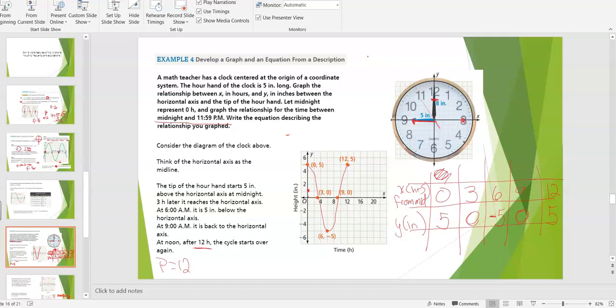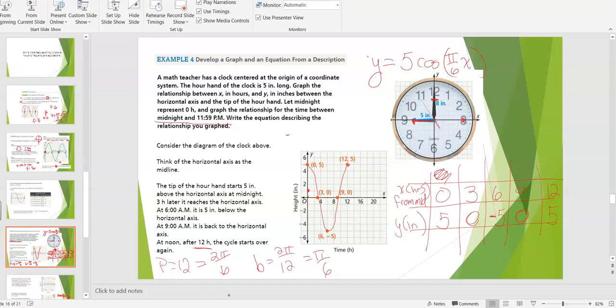So the period would be 2 pi over b, flip-flop around, b equals 2 pi over 12. So b would be pi over 6. And I'm going to use my cosine function. So y equals my amplitude, which is 5, cosine of pi over 6 times x.